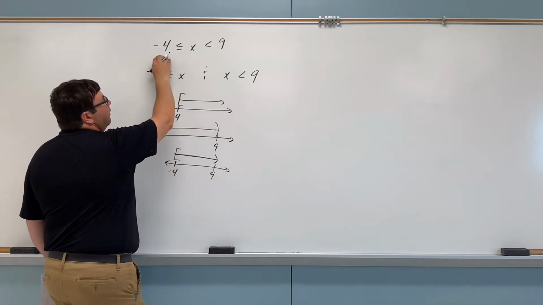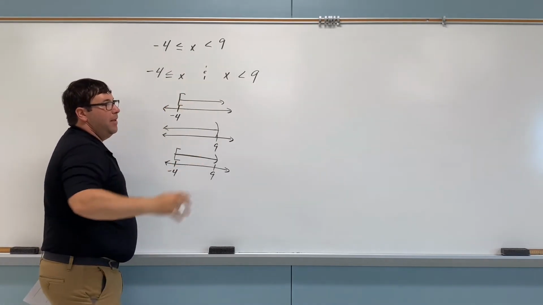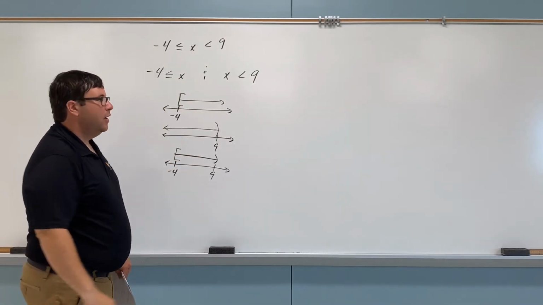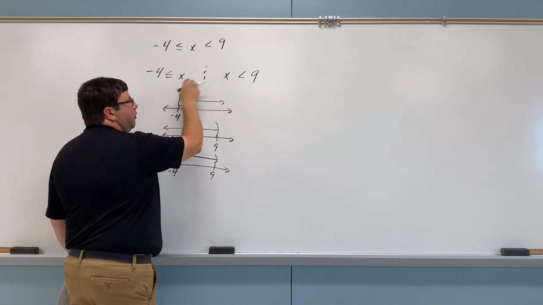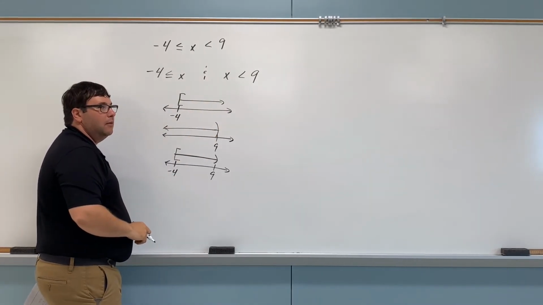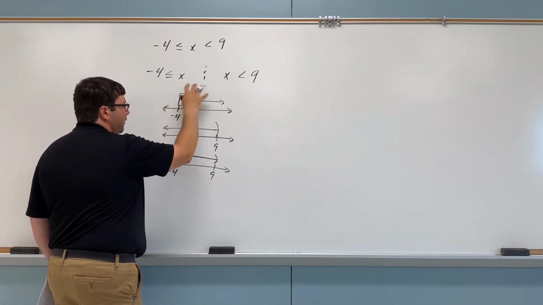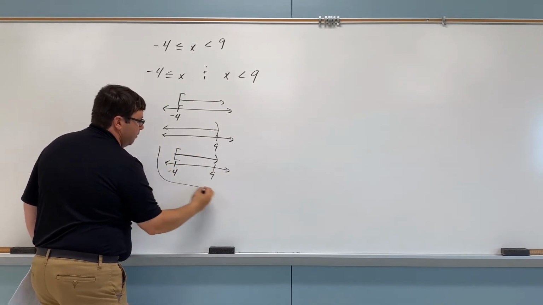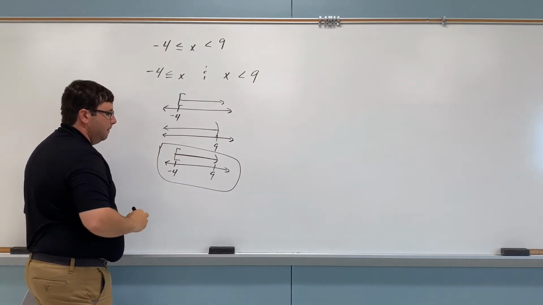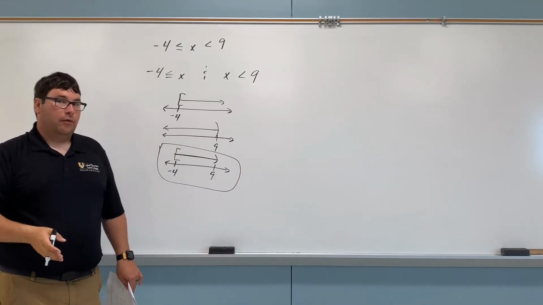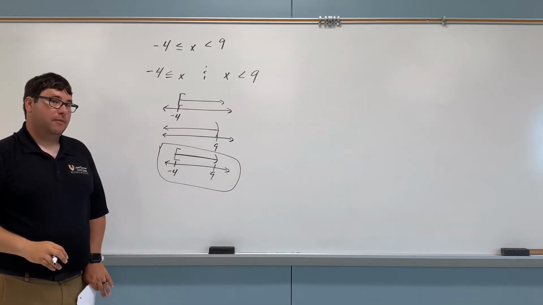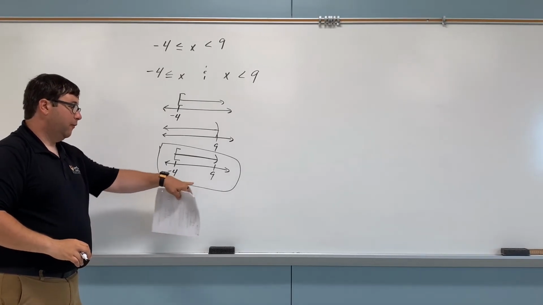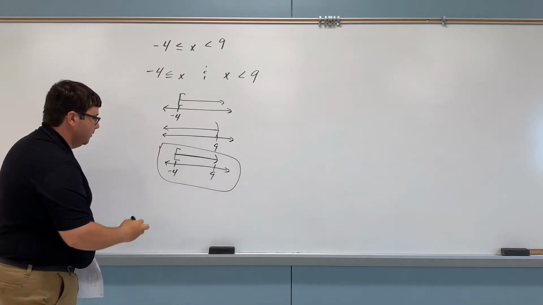So when you're looking at this compound inequality, while it may look like it's a lot of pieces, it's simply 2 expressions. You're going to put these inequalities together and create your graphical solution, this being your graphical solution right there. Your interval notation is actually super easy here because it actually specifies it for you in the graphical representation.